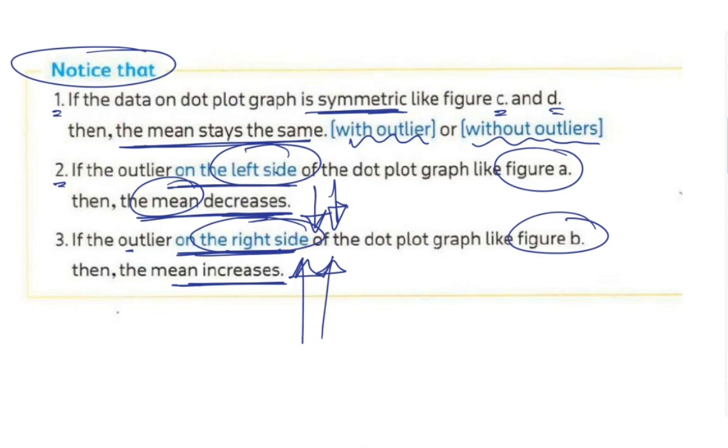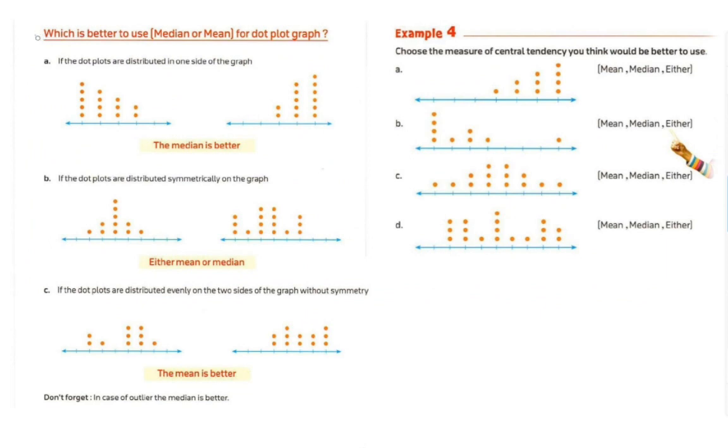Okay, let's go. Now, which is better to use, median or mean? We have some graphs here. I will define for each graph which one is better to use, median or mean. So look with me. Look here at this graph and this one.